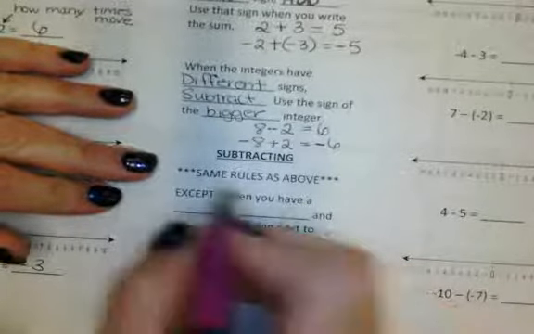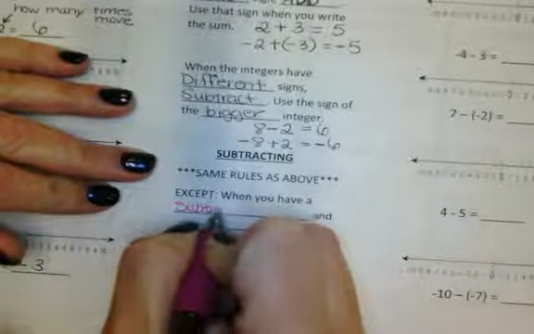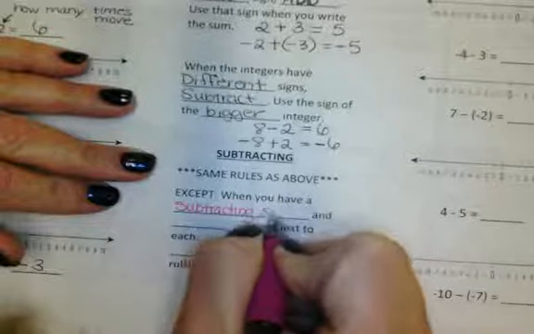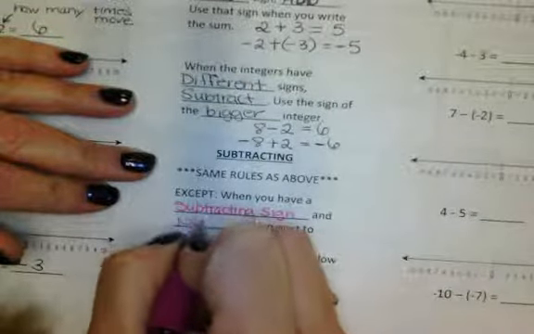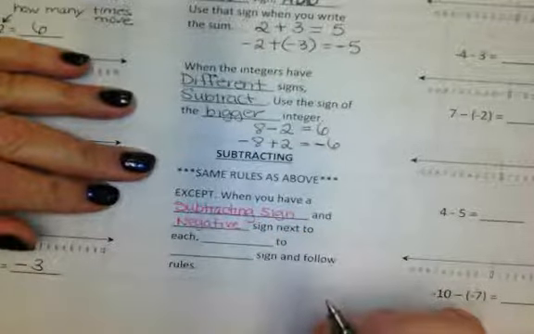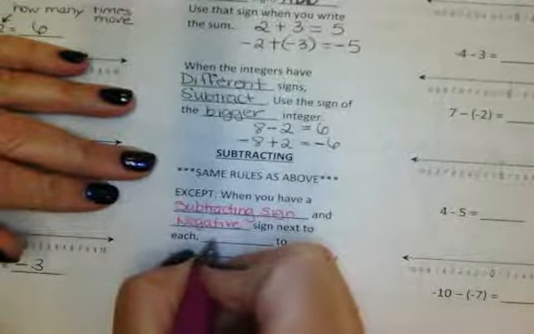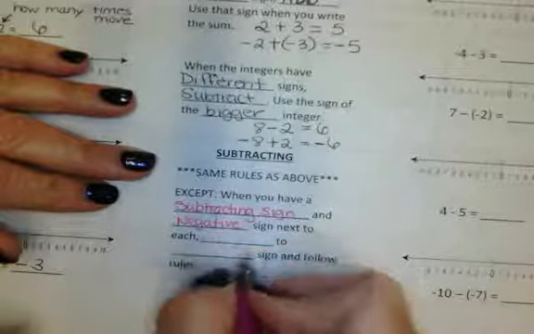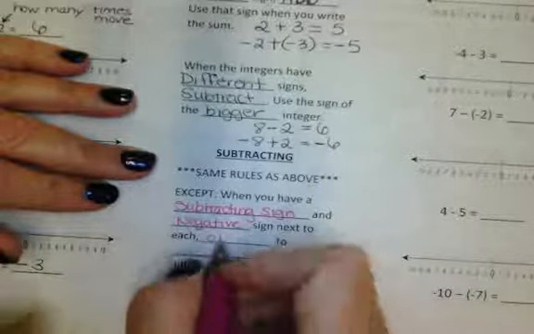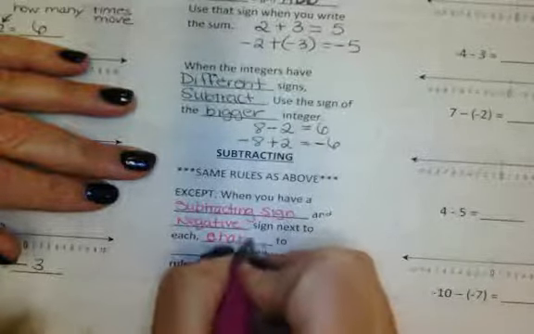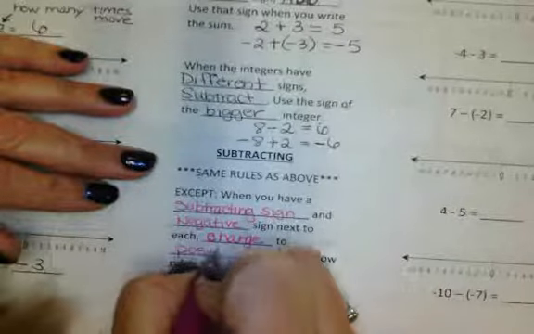The only thing that is a little different is when you have a subtraction sign and a negative sign next to each other, then you change them to a positive.